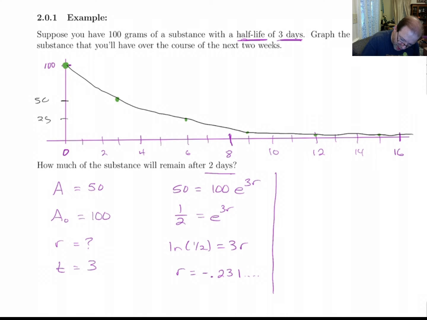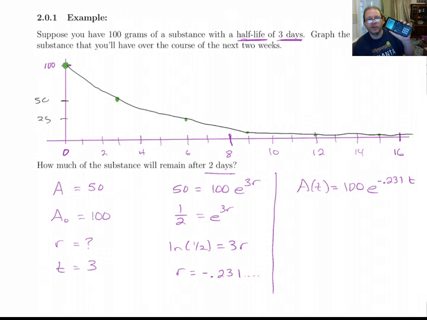It's saying how much will remain after 2 days. Well, A of t is going to be 100 times e to the negative 0.231 t. And again, I'm leaving that 0.231 in my calculator so that I can use the full precision.